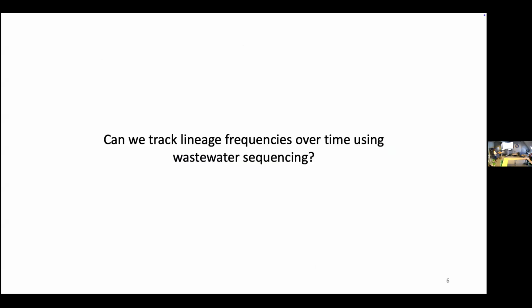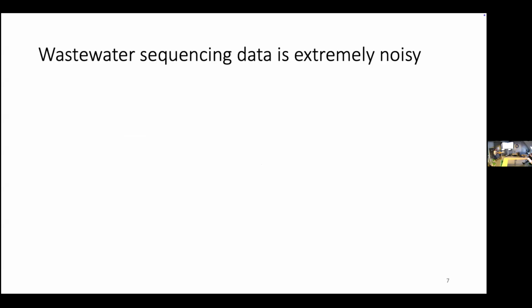So then the question was, can we look at the wastewater and still distinguish between these different variants or different lineages? So can we track them over time from our wastewater samples? Now, as already came up just now, these samples are actually very noisy.